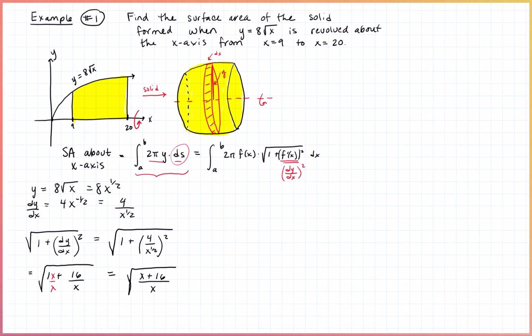So my surface area formula is going to become the integral from x equals 9 to 20 of 2 pi times f of x, which was 8 square root of x, times the square root, since I've already done the simplification, of x plus 16 over x. And we're integrating with respect to x.